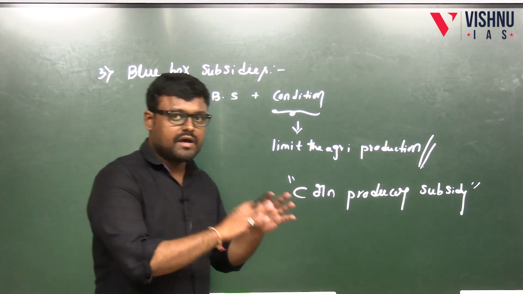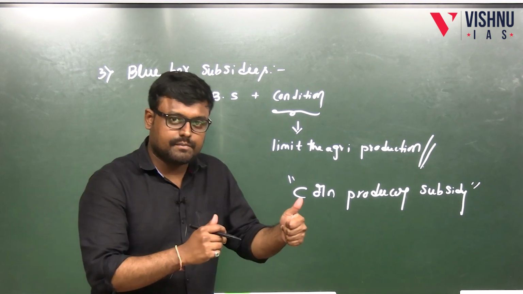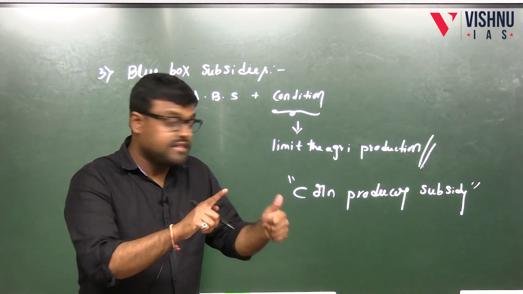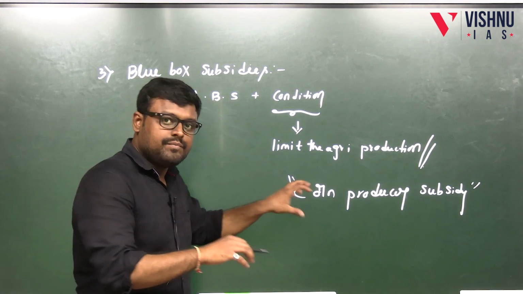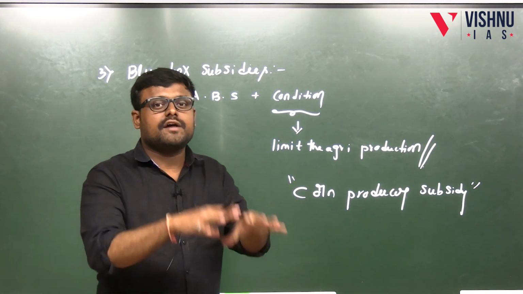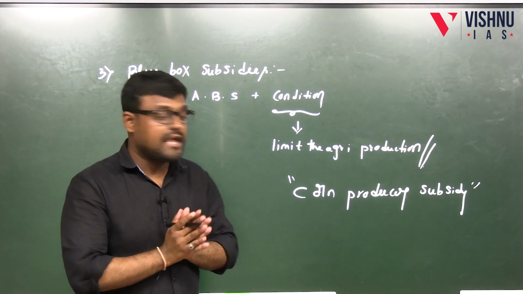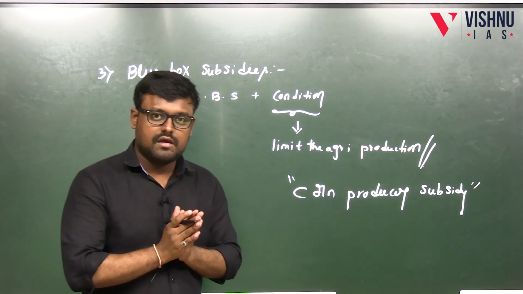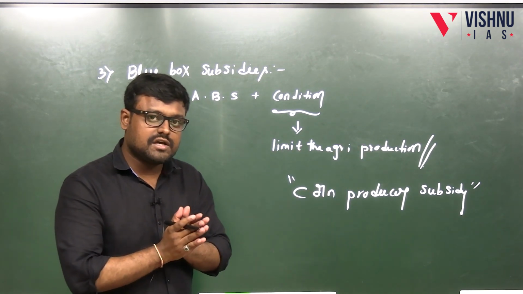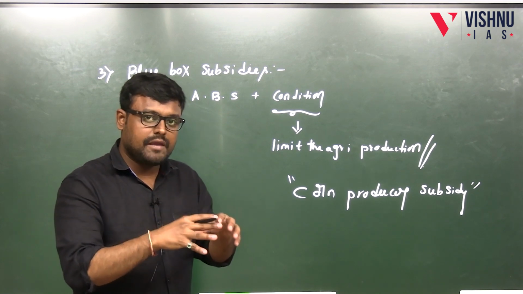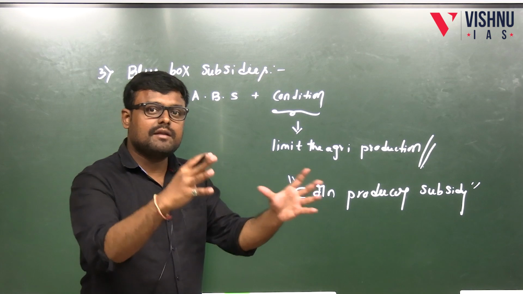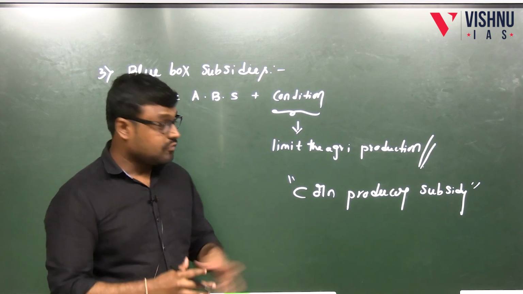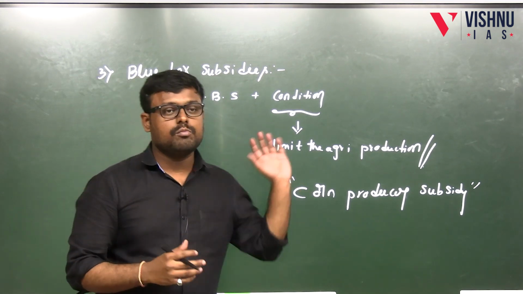That means a farmer in China can get this subsidy if there is a condition, na? Yes, if the farmer cultivates corn in only 2 hectares of land, then only he will get this subsidy. Because of this condition, he is cultivating this crop in only 2 hectares of land, so the corn production is going to get limited. Yes. So such subsidy comes under the Blue box subsidy.